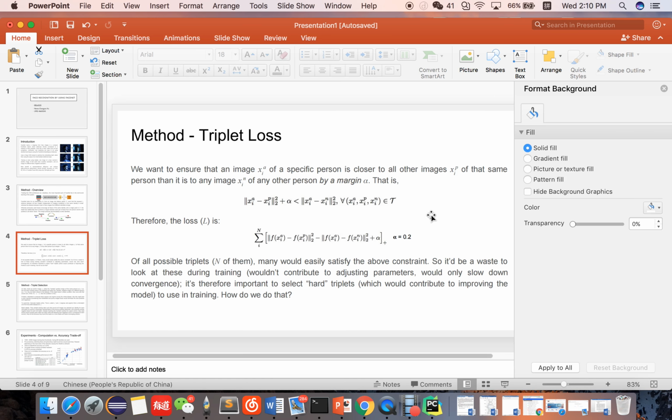If we minimize it, we can say that all the triplets will satisfy the above formula. So our goal is to find all the triplets in our database and do the computation.